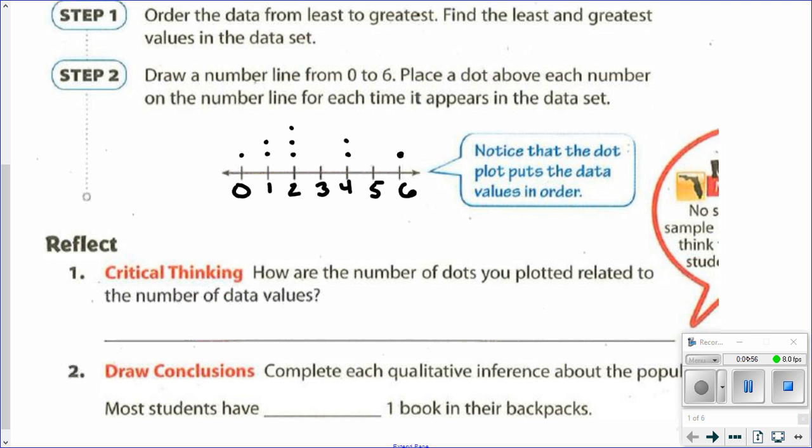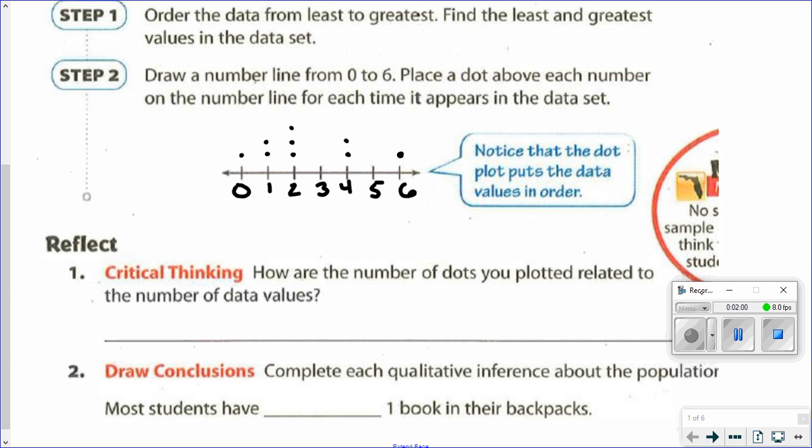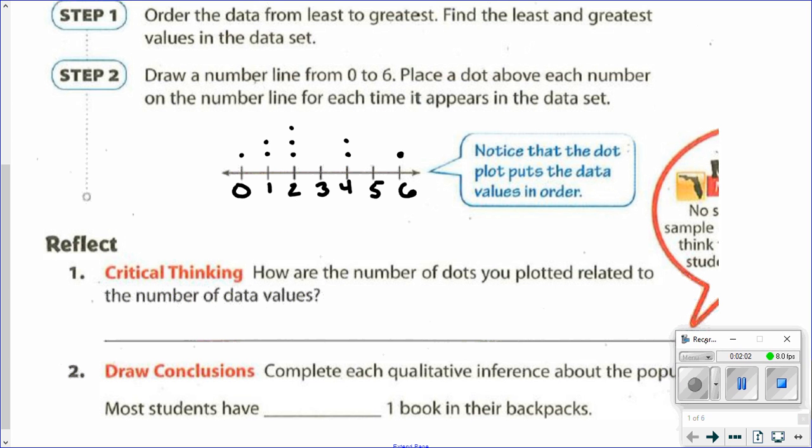Now it says complete each qualitative inference about the population. So the first one says most students have blank 1 book in their backpacks. So if you look, there's only 1 student that doesn't have at least 1 book.